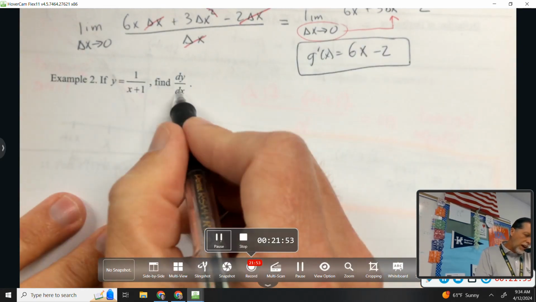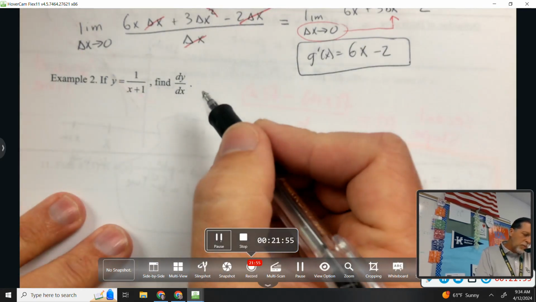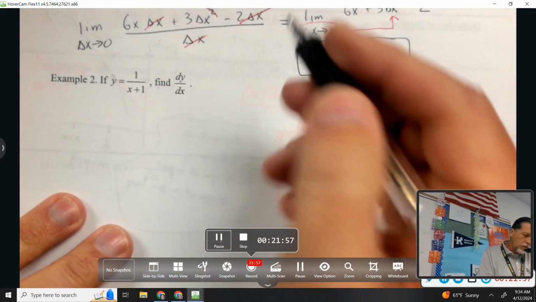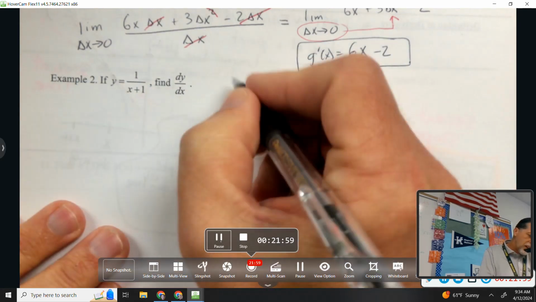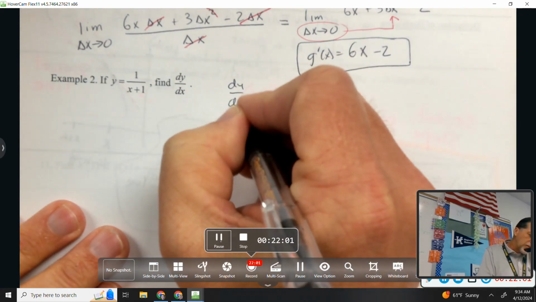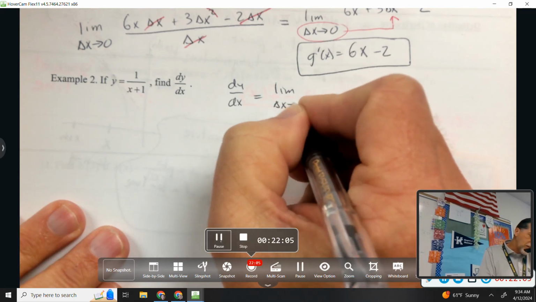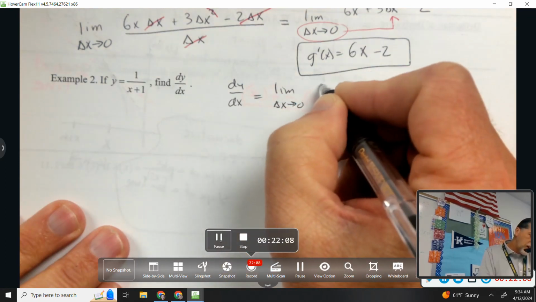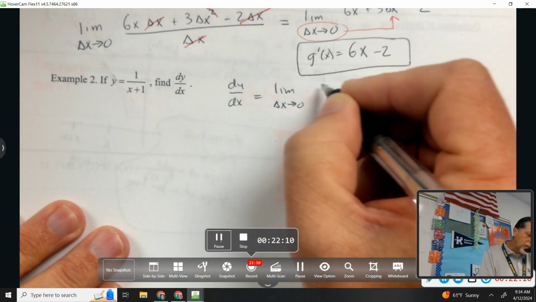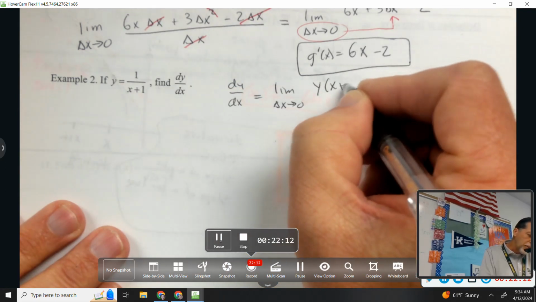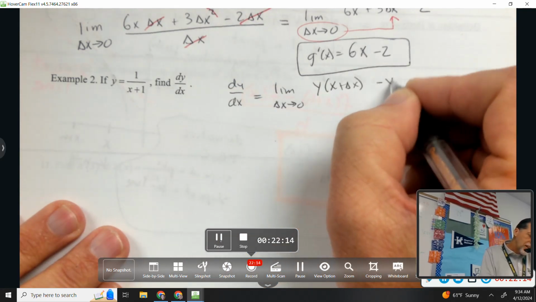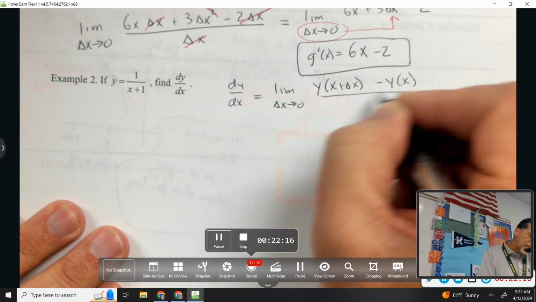Okay. Same process, obviously a fraction, so this will be a little different. Let me write it out one more time. dy dx is the limit as delta x approaches 0 of, I guess I'll use y since we're using y's here, y of x plus delta x minus y of x all over delta x.